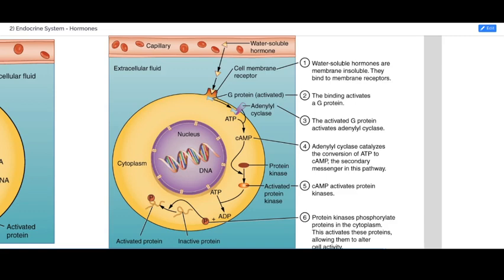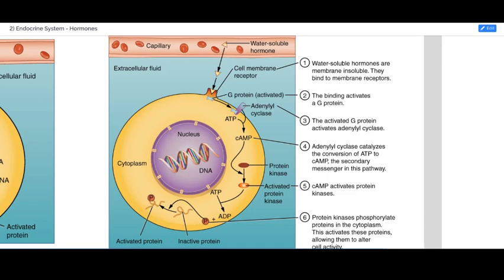Now, the water-soluble system is a little bit specialized. The hormone binds to a receptor protein in the cell surface. And then that activates a G protein, which hydrolyzes GTP, causing it to physically move from the intracellular side of the receptor protein to an enzyme, usually generally called an effector protein.